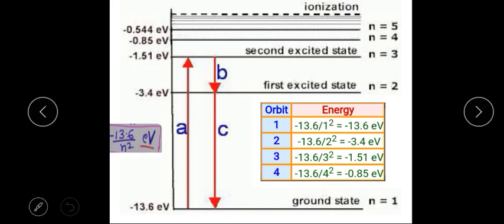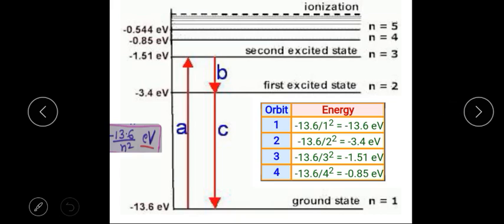And finally, at one stage, the energy is equal to 0 and the electron becomes free. So at the infinite state, En is equal to 0 and the electron becomes free, right? Now let us discuss some important points related to this energy level diagram, right?